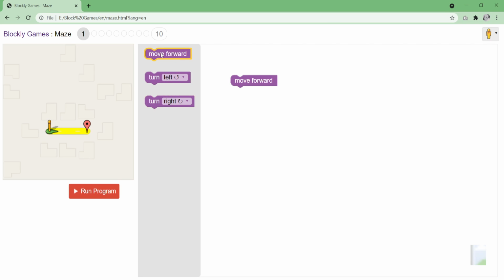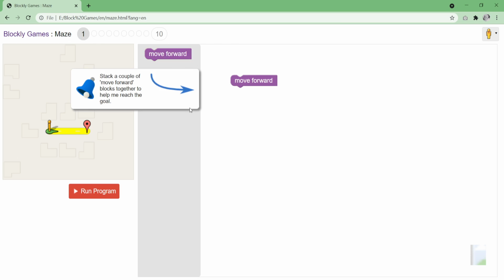Now we have here the maze. It's level 1 to 10. So we have here the move forward block. Stack up a couple of move forward blocks together to help you reach the goal.